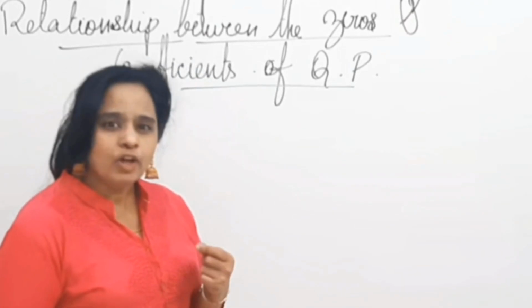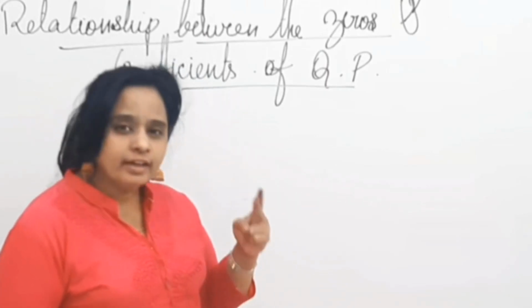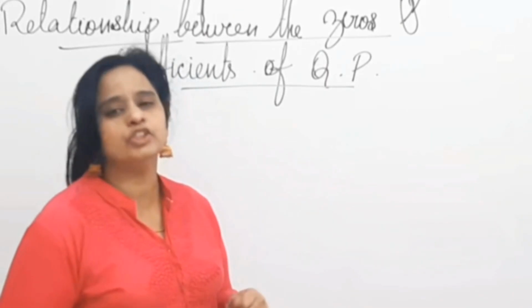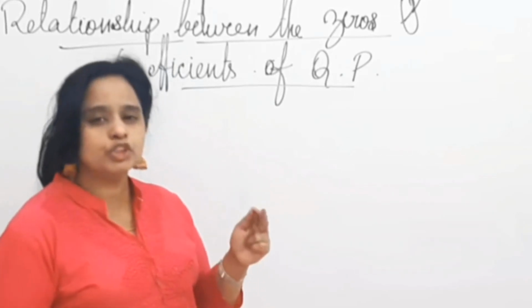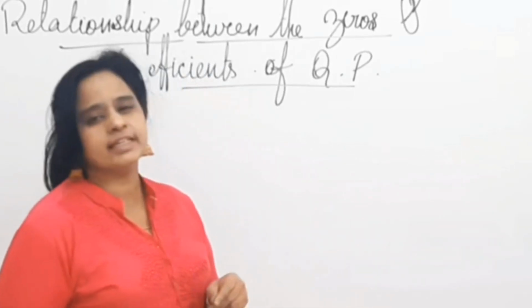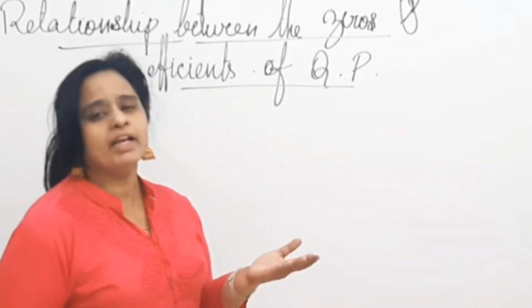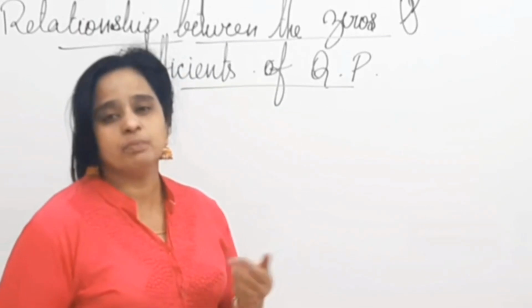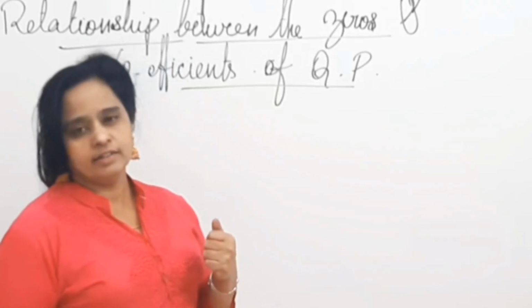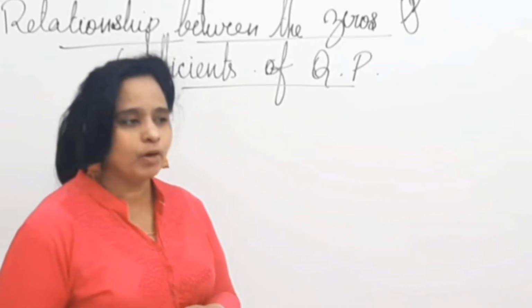That means the power is 1, so one value. Here the quadratic polynomial, the power is 2, so at the most 2 zeros. For the cubic polynomial, it would be a maximum of 3 zeros, and for the biquadratic polynomial, a maximum of 4 zeros.